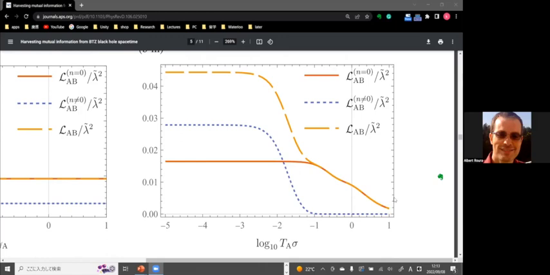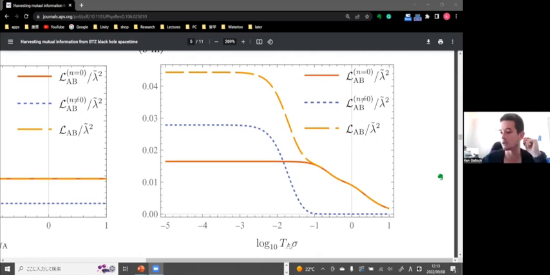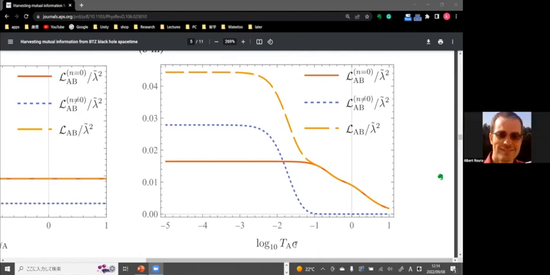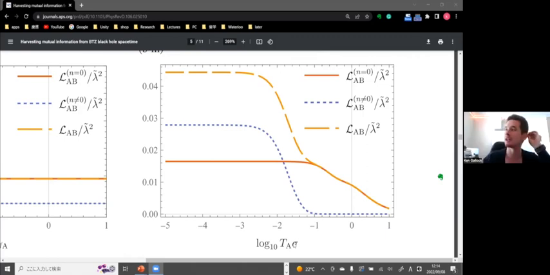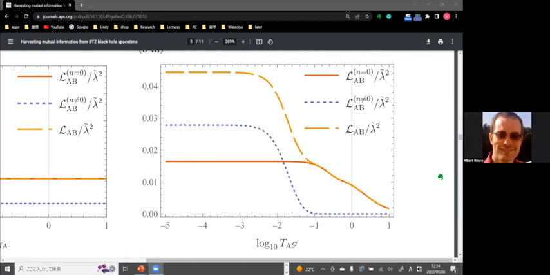Can you remind me what the x-axis was here? When you say it dies, it's a function of the local temperature of the detector closest to the event horizon. So it's the temperature times sigma, where sigma is the typical duration of interaction. We are using Gaussian switching.